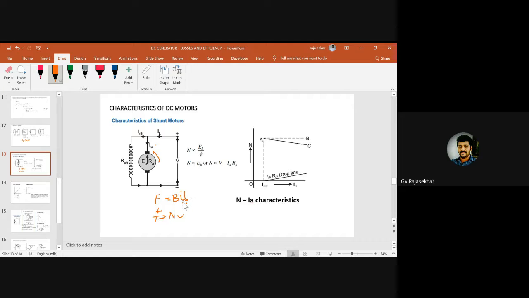So what is the relationship between IA and speed? We know that in the motor we term the induced emf as EB.